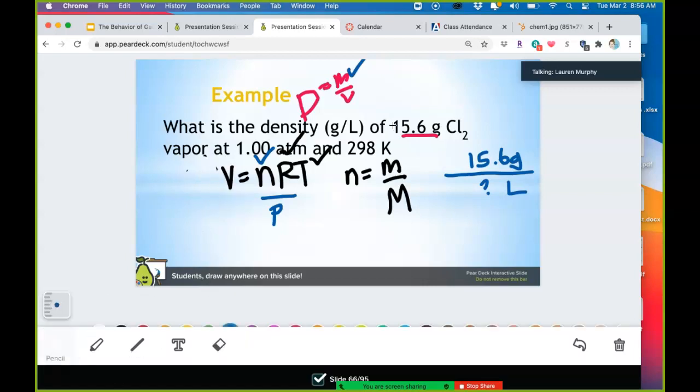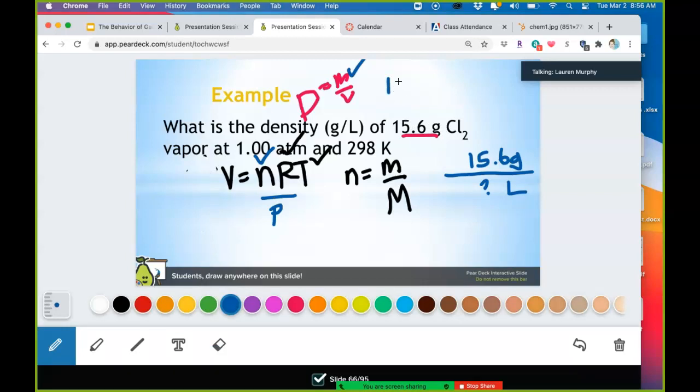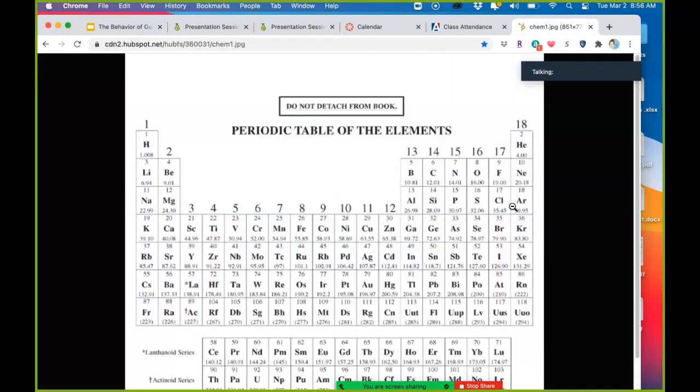So let's see, how do I turn grams into moles? Well, 15.6 grams of Cl2. The grams go on the bottom, 1 mole goes on the top. This is molar mass. Mass divided by molar mass gets us moles. So chlorine is 35.45 on the periodic table, but there's two of them.